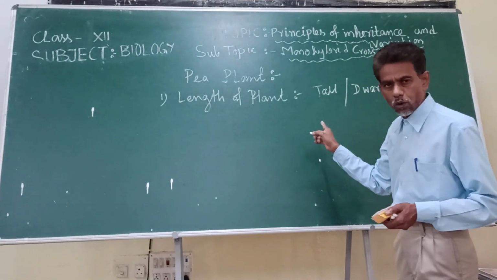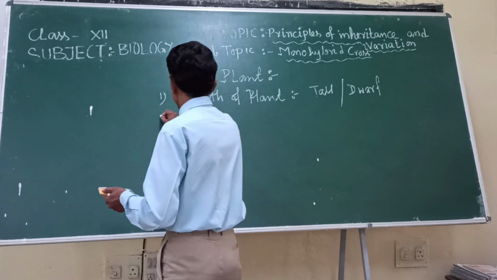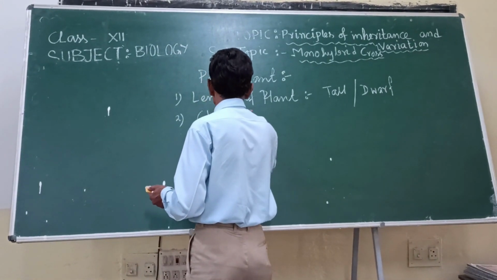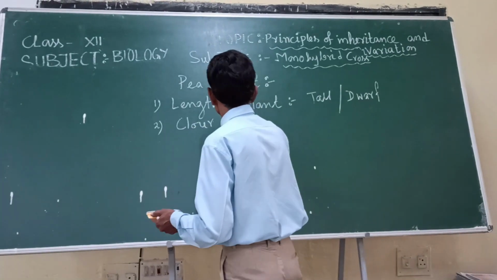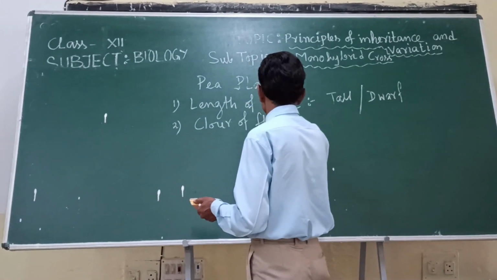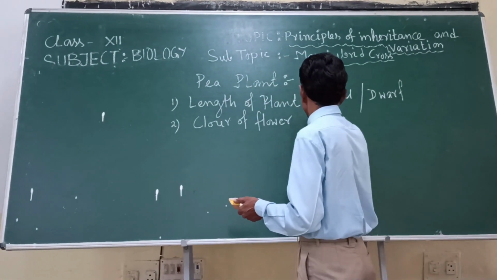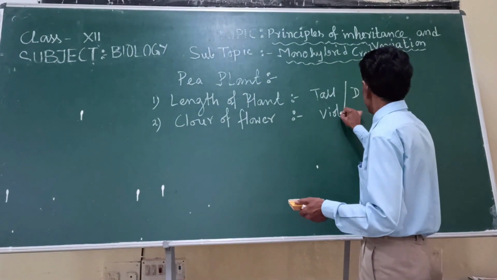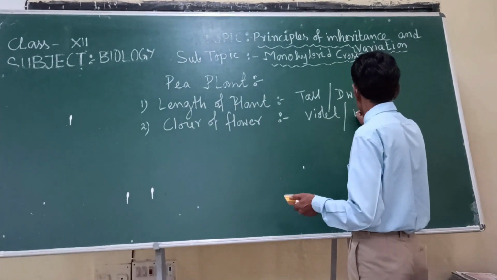Tall or dwarf. Color of flower: either violet or white.